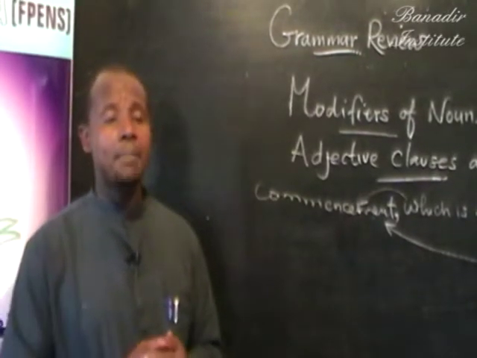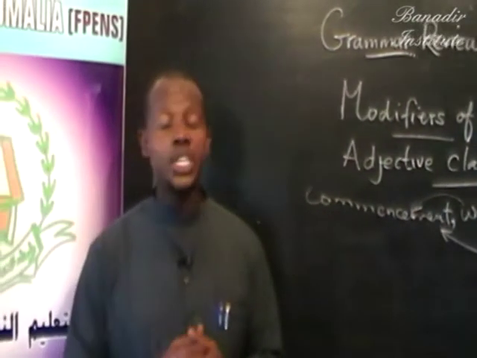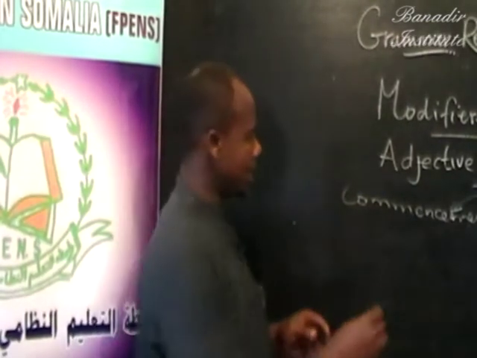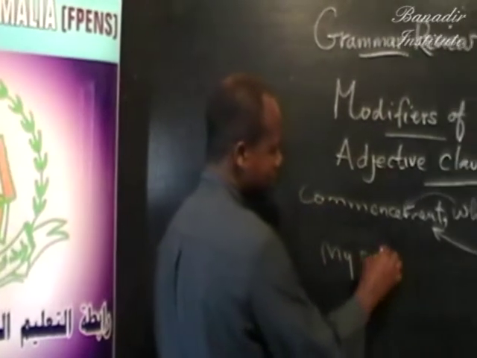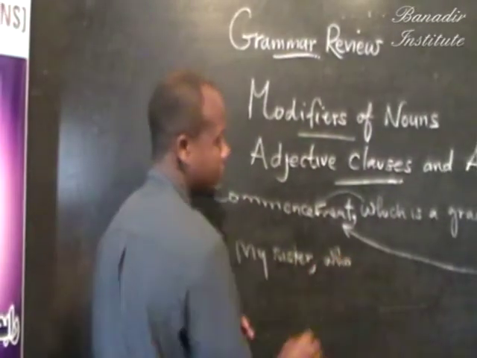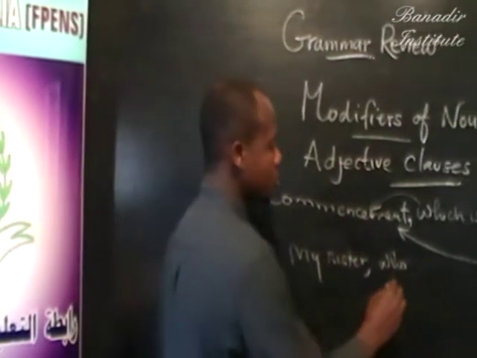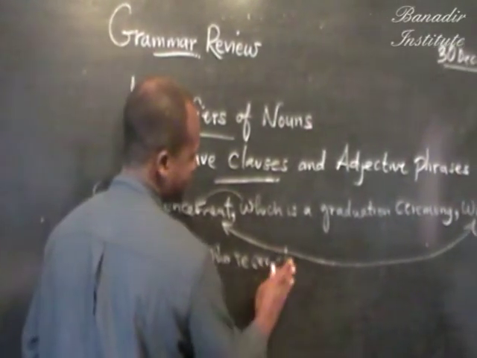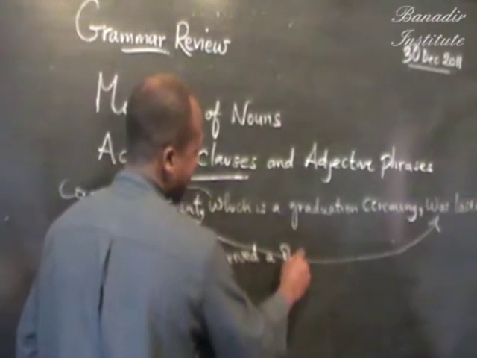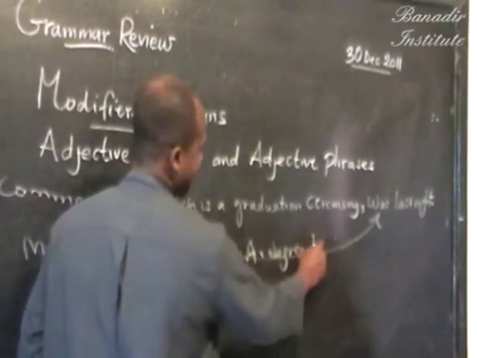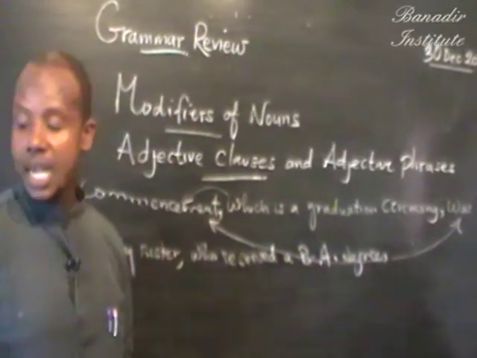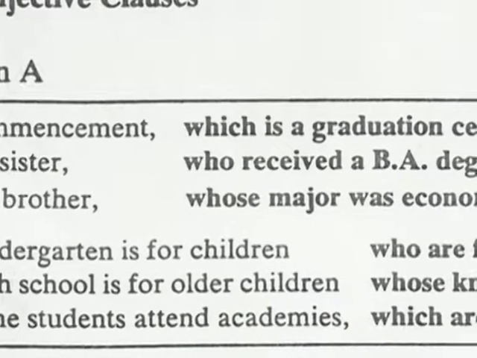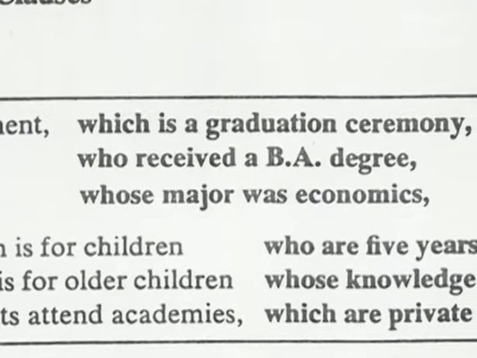The second example: my sister, who received a Bachelor of Arts degree, graduated last night. Let me say again, my sister, who received a BA degree, graduated last night.